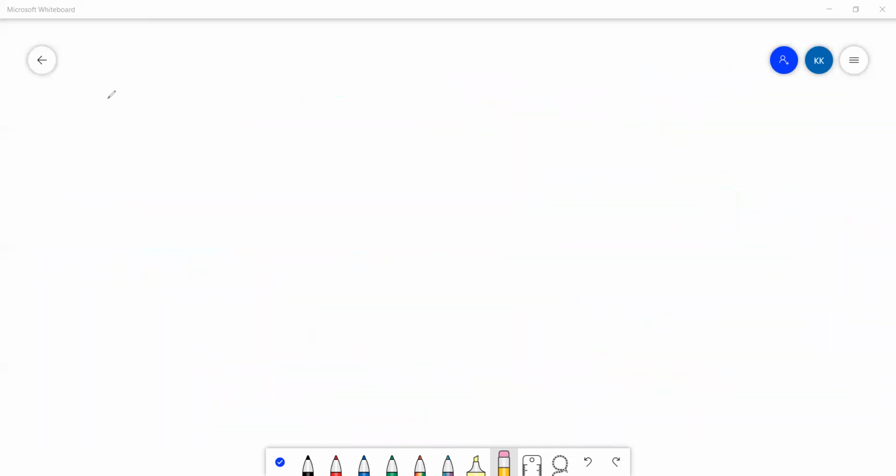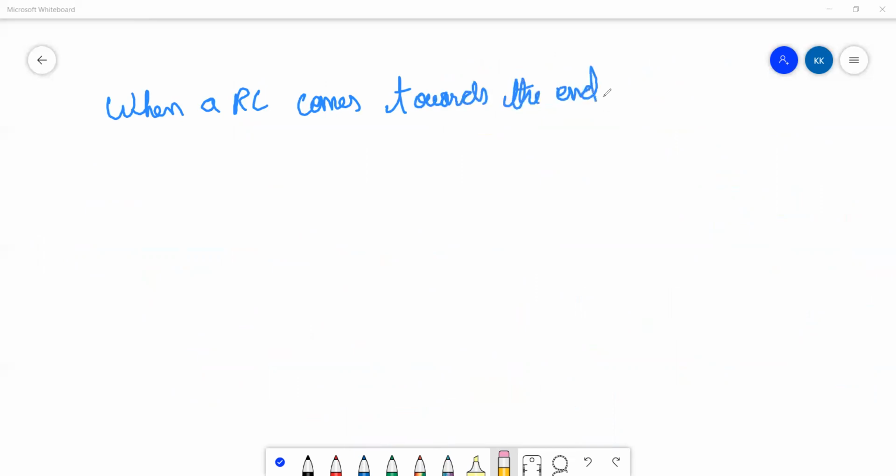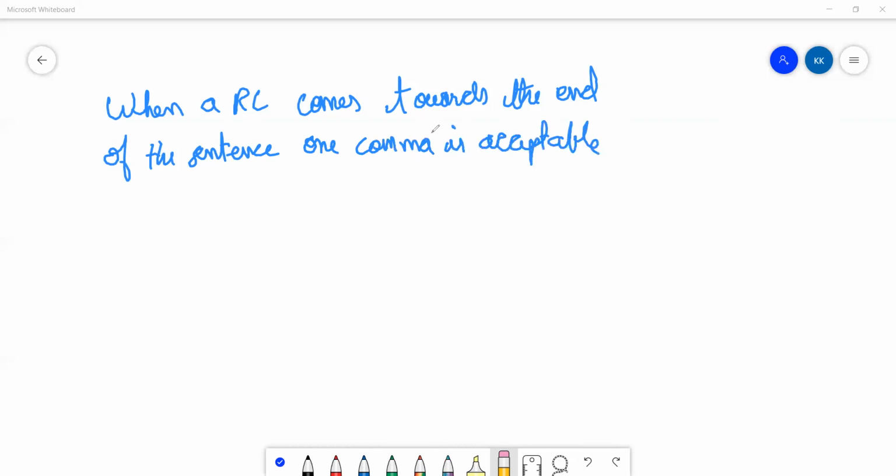Now it is said that when a relative clause comes towards the end of the sentence, one comma is acceptable. So when only one comma is acceptable, it means that it is an essential clause.